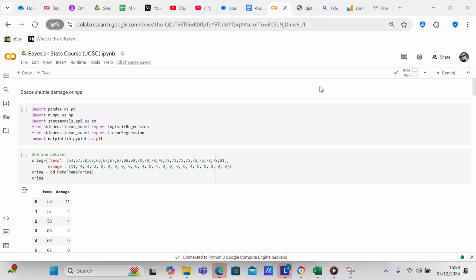But I did some thinking about it, and I decided that in this Python code, I wanted to include statsmodels. The reason why is because statsmodels was written similar to R, and I think that's what they did whenever they made statsmodels.